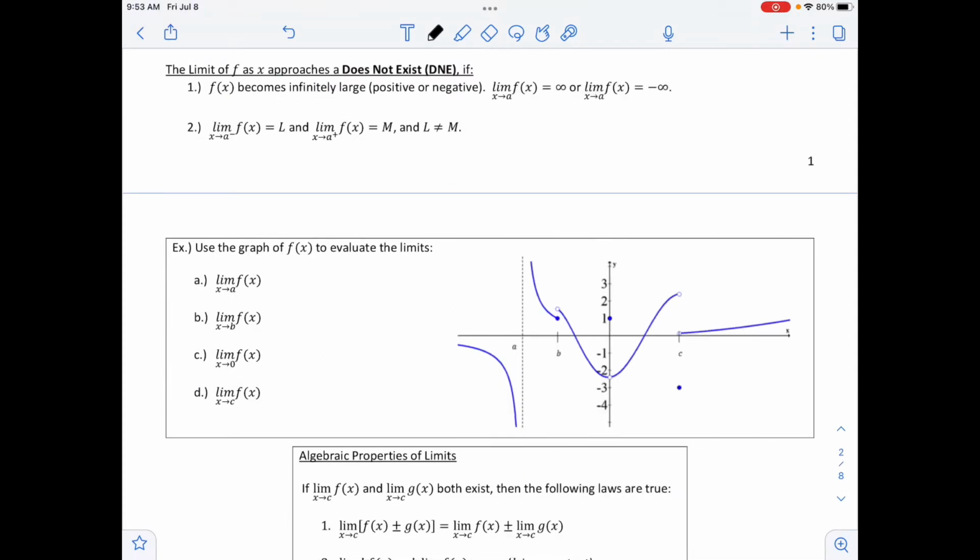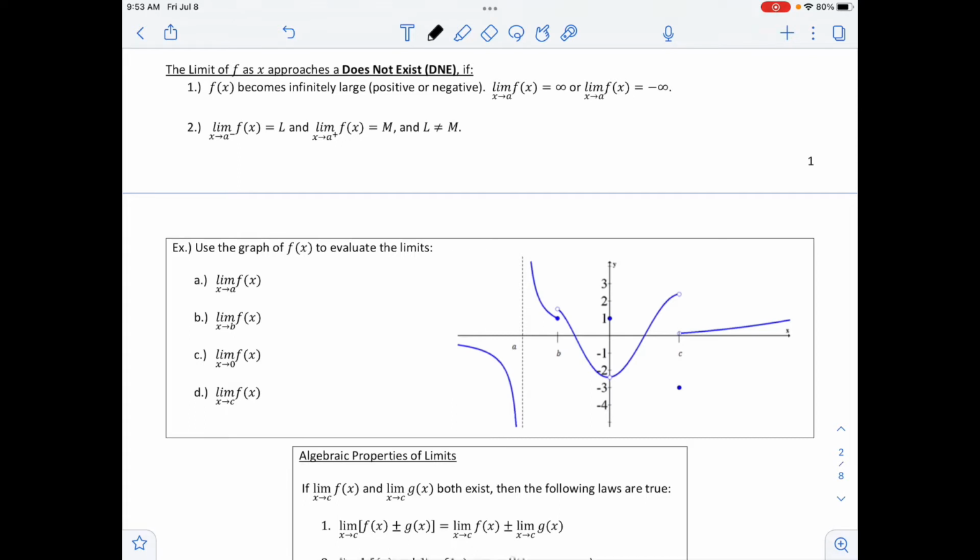The limit of f as x approaches a will not exist, or we can say does not exist (DNE), if 1, f of x becomes infinitely large, positive or negative. That is saying that as x approaches a, f of x is going to be approaching infinity or negative infinity.